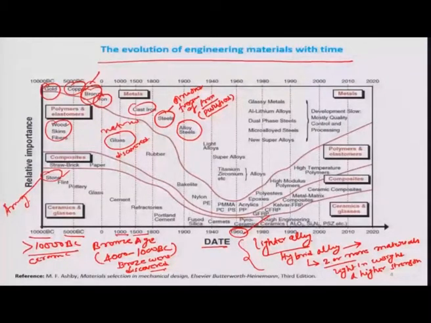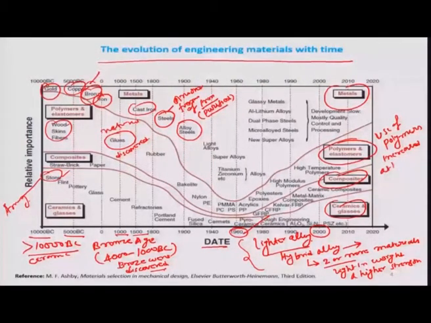And over the past few decades, we can see that the use of polymer-based materials has increased enormously, as well as composites and ceramics. In comparison with metals, the use of polymers increased at a higher pace.